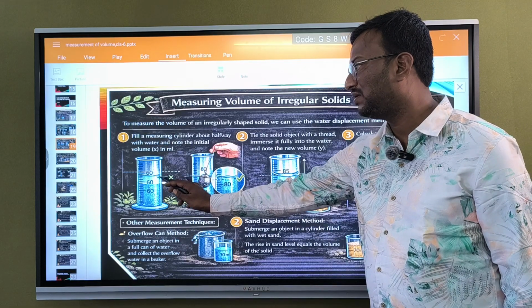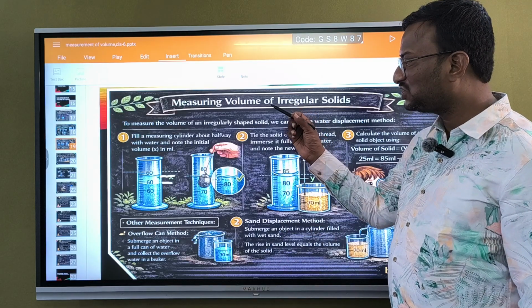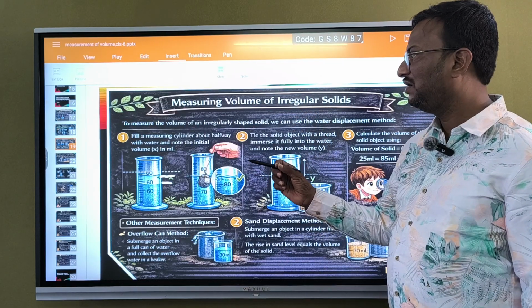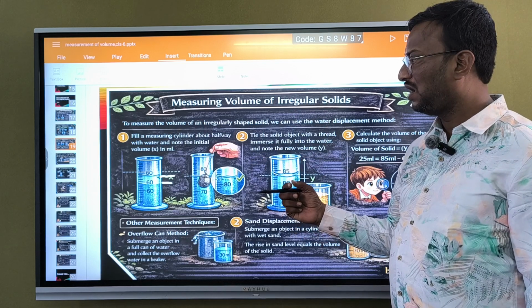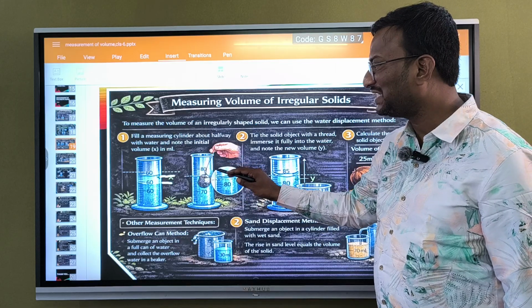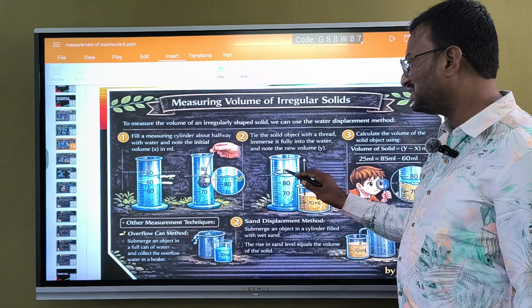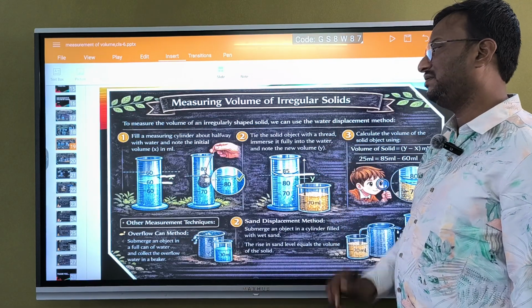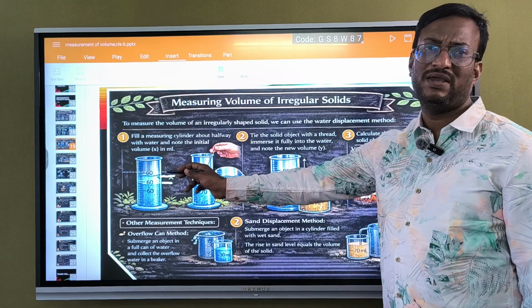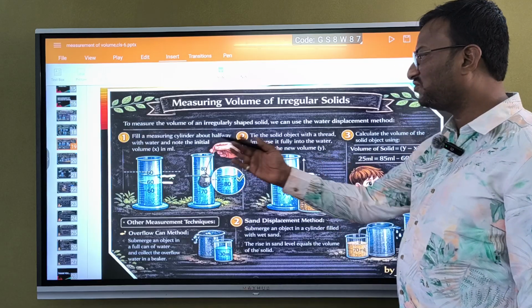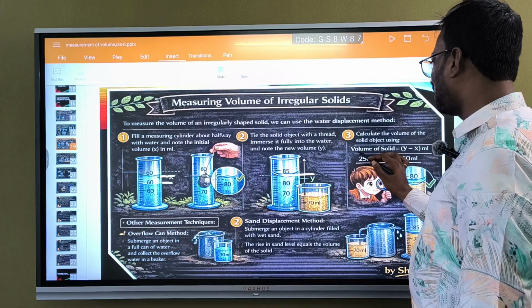Let it be X. Then insert slowly, gradually, an irregular body with the help of thread, so that the water level is going to increase. Again measure the water level after inserting. That will be Y and the first one will be X. You subtract the lower from the higher, and you are going to get the volume of the solid.